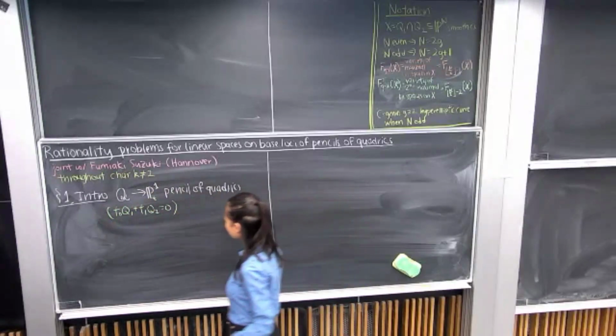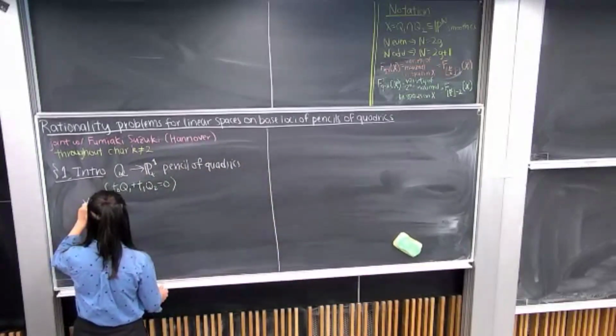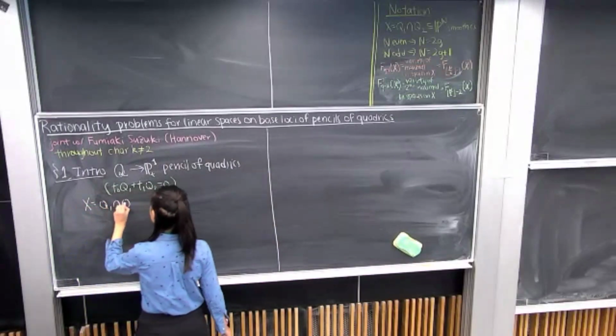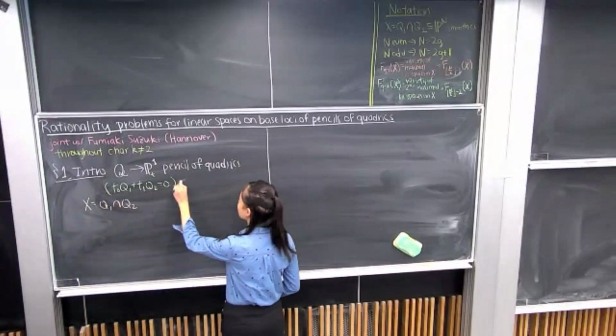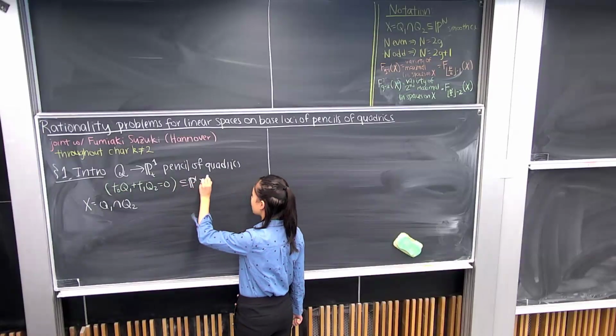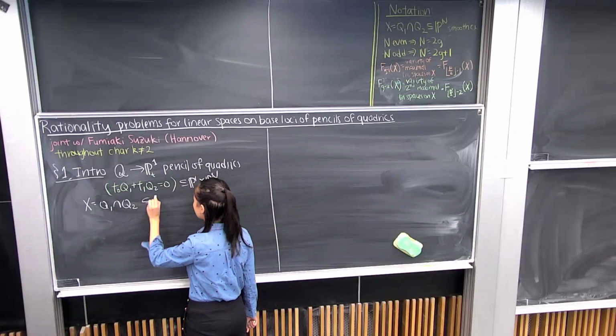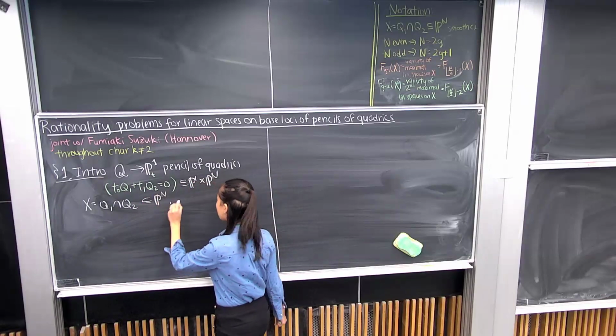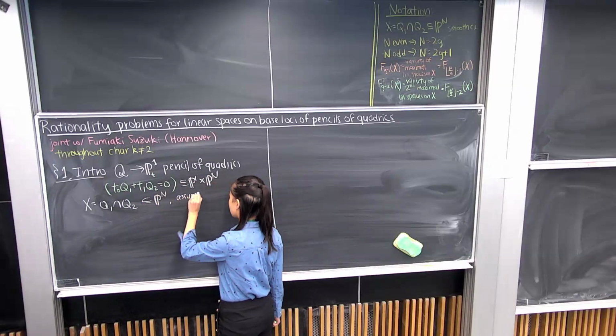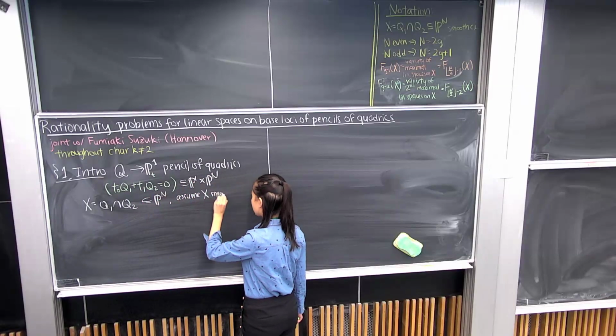The base locus of this pencil is going to be X equals Q1 intersect Q2. We'll assume these are quadrics inside P^N. Throughout, we're going to be assuming that X is smooth and of codimension 2.